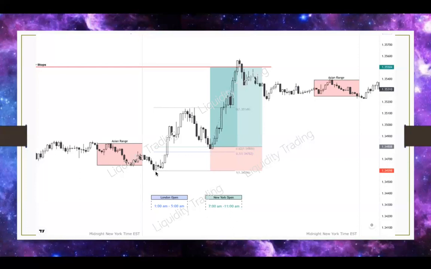Again, notice that first the London Open was bullish, and after the retracement, we see another bullish move for the rest of the day.